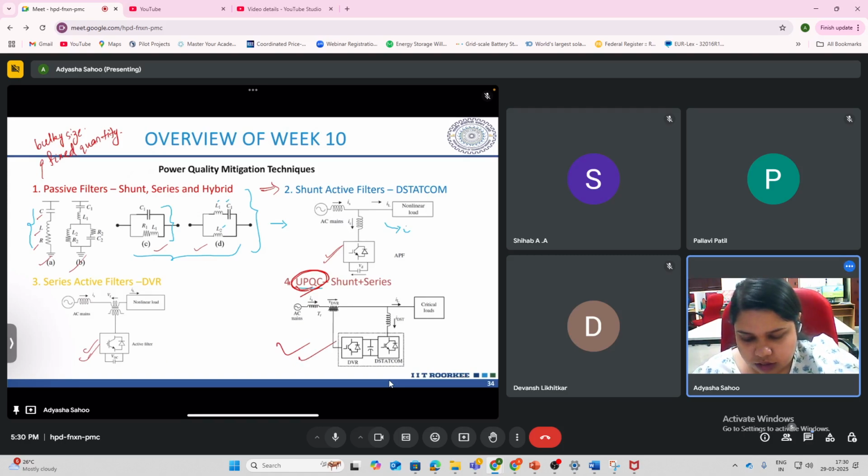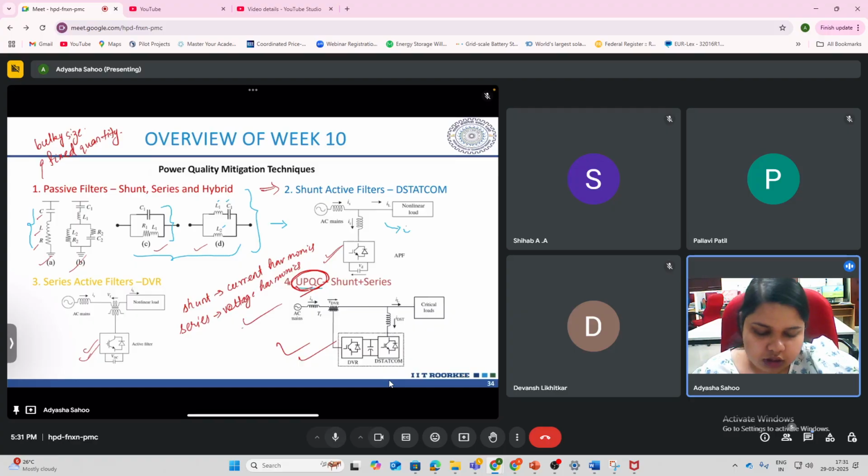The shunt part is mitigating the current harmonics, and the series filter can mitigate the harmonics present in the voltage. So hence you can use the unified power quality conditioner to mitigate the ill effects of current and voltage harmonics.